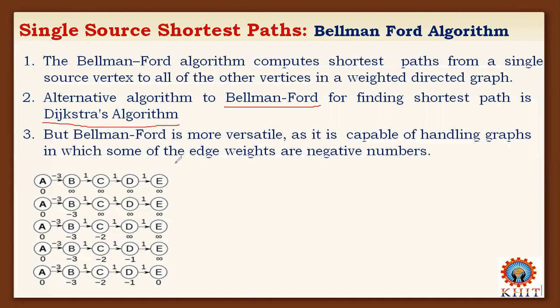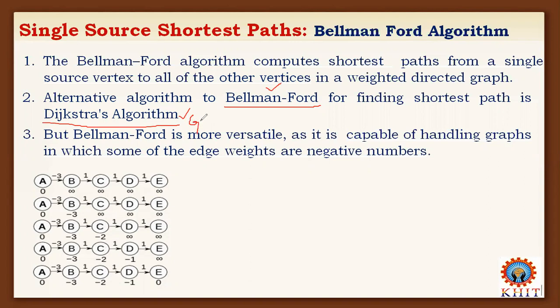The single source shortest path problem can be solved by using Dijkstra algorithm as well as Bellman-Ford algorithm. With Dijkstra algorithm we can solve the problem by using the greedy technique.